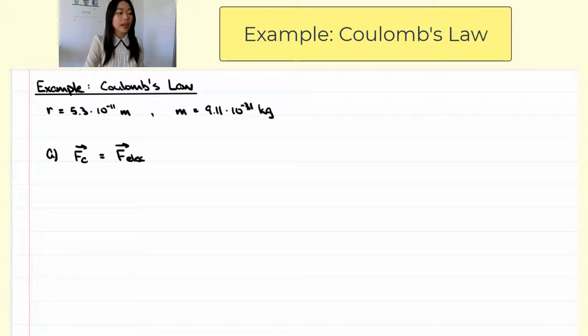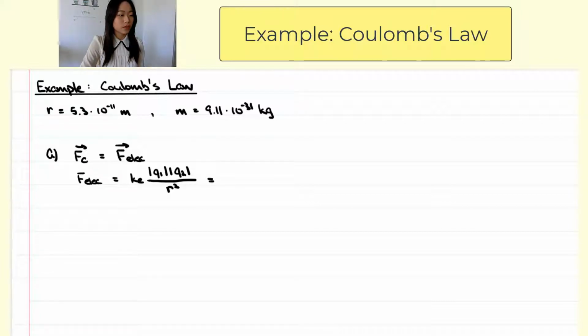Now let's focus on the magnitude of the force. Let's start with the electric force. So we use Coulomb's law. We know the magnitude of electric force is Coulomb's constant times the product of the magnitude of the charges. So we have magnitude of Q1, which is the proton, times magnitude of Q2, which is the electron, divided by the radius separating the two charges, r squared.